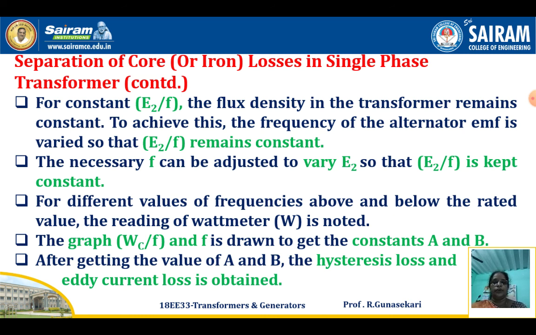We already know the frequency, and now we have calculated the constants A and B. These values you can substitute in the hysteresis loss and eddy current loss formulas. Finally, we obtain the values of hysteresis loss and eddy current loss. So this is the experiment used for the separation of hysteresis loss and eddy current loss from the core losses, or iron losses, or no load losses in a single phase transformer.